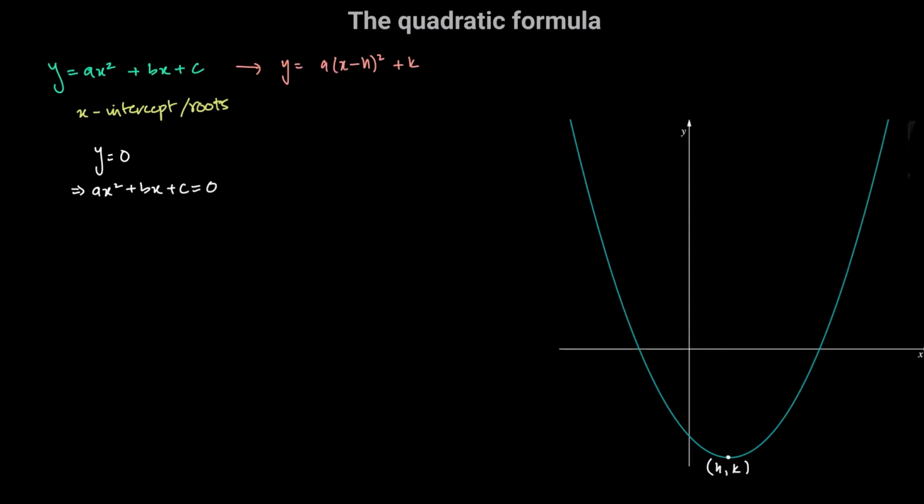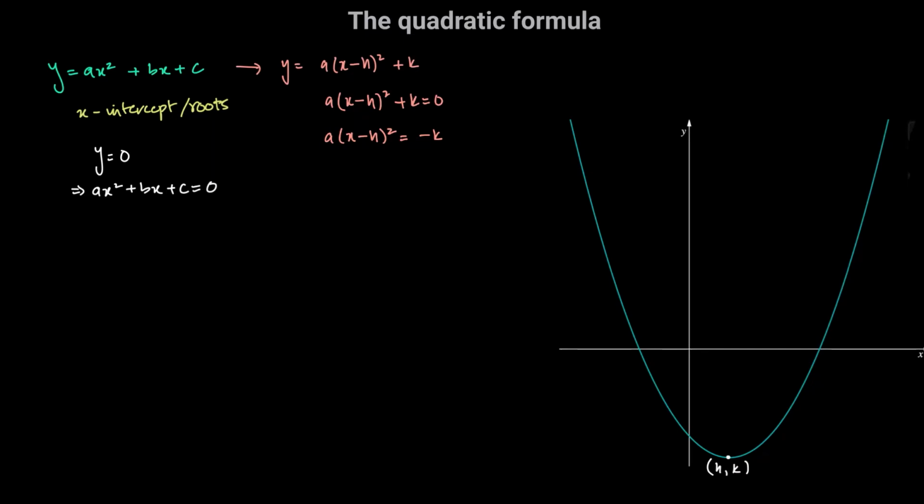And if we were to solve this equation now, in other words, if we say y is equal to 0, we can say over here that we have a times x minus h, the whole thing squared, plus k is equal to 0. So a times x minus h, the whole thing squared, is equal to negative k, and we want to solve for x.